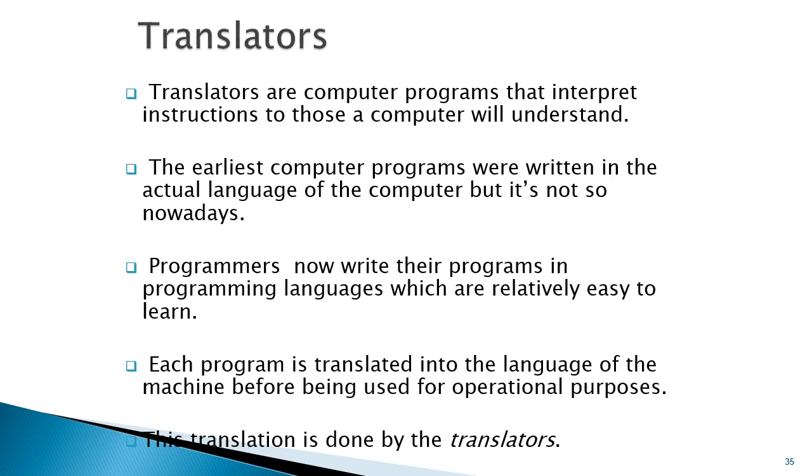The earliest computer programs were written in the actual language of the computer, but it's not so nowadays. Alright, so we'll be able to demonstrate what each one of these means. Programmers now write their programs in programming languages which are relatively easy to learn.